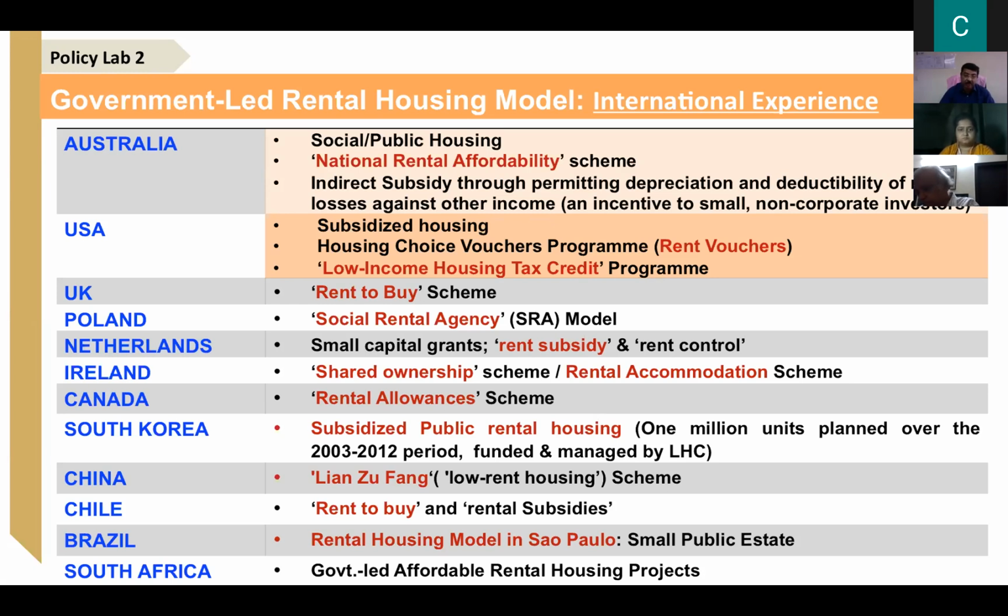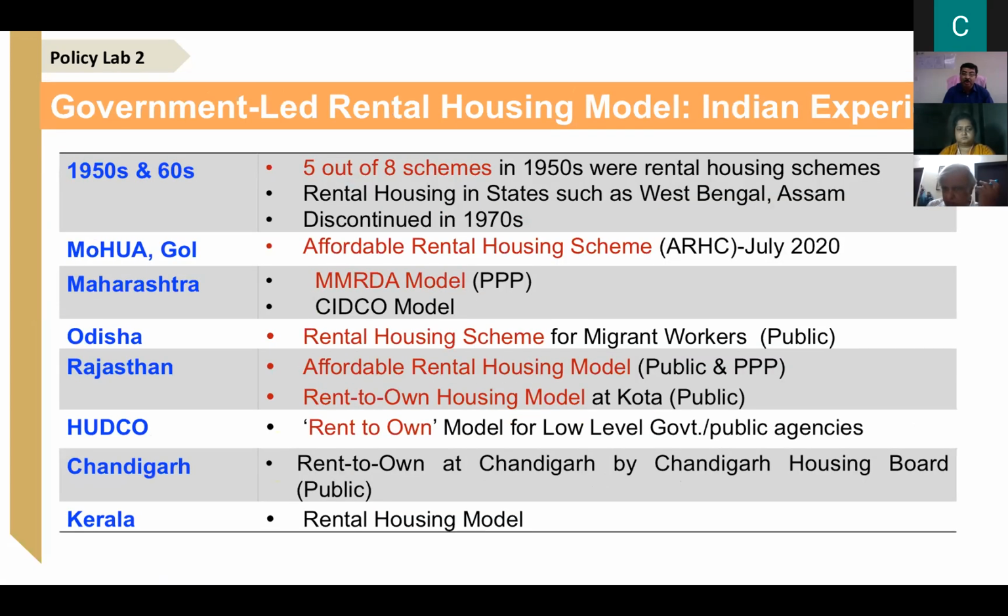In India also, public rental housing was at the forefront in the 50s and 60s. Five out of the 8 initial schemes in the 50s were rental housing schemes. But the experiment did not succeed, so it was discontinued in 1970.